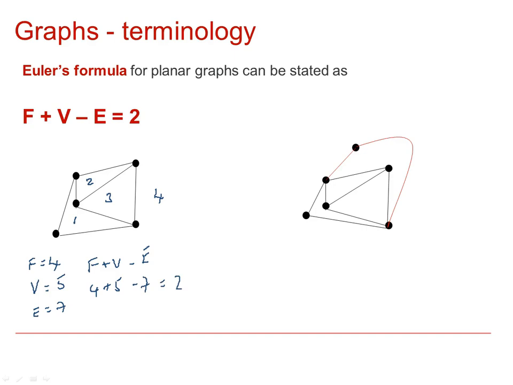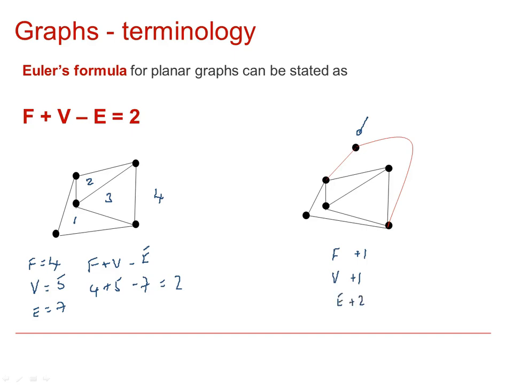Now, on the right hand side we've added an extra vertex, and we've also added 2 edges, and that's created an extra region. So F has gone up by 1 when the vertex has increased by 1 and the edges have increased by 2.